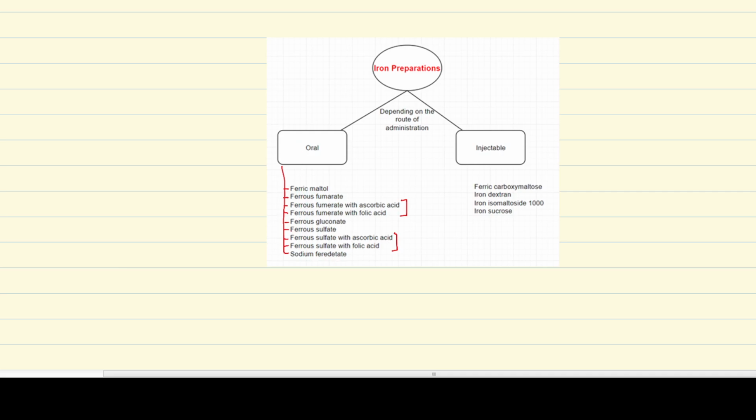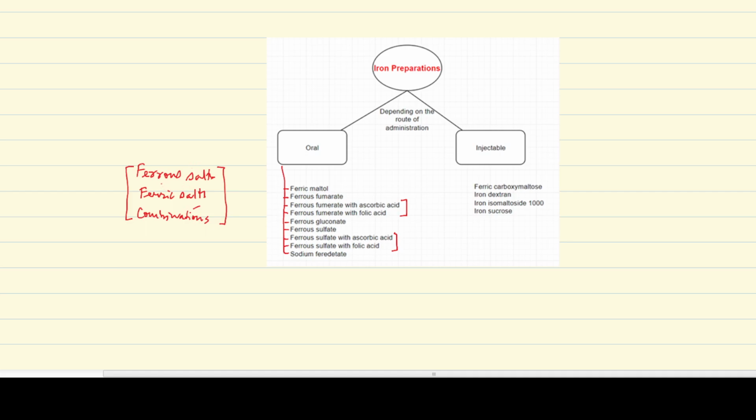So from this, what is clear is that we've got these oral preparations: ferrous salts and ferric salts, and we've got combination drugs.